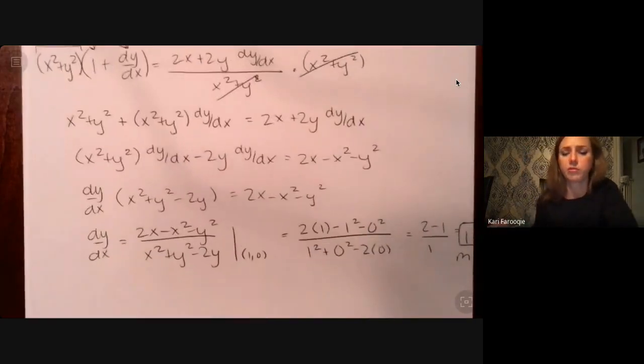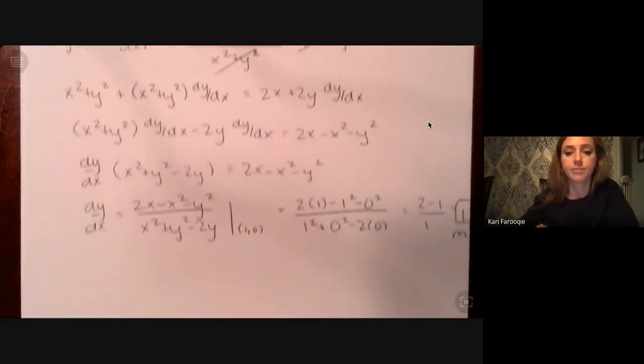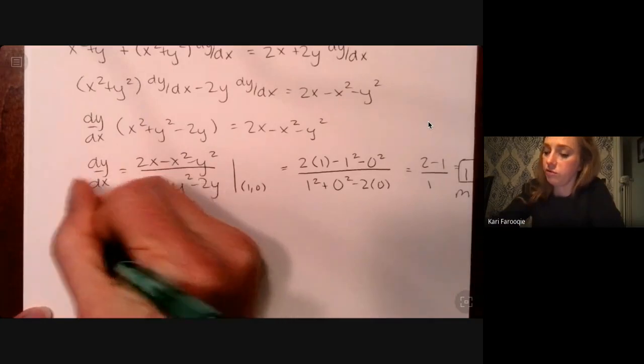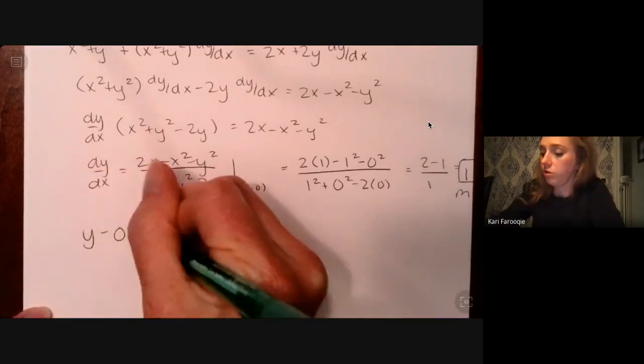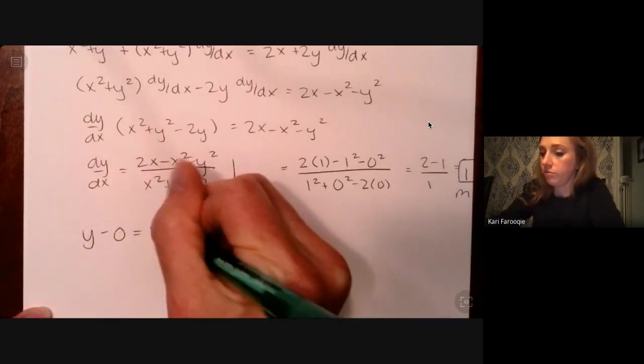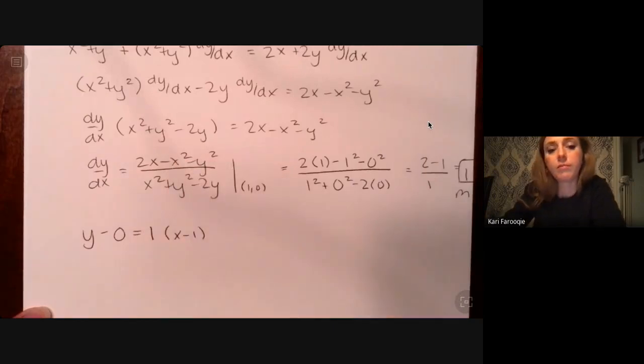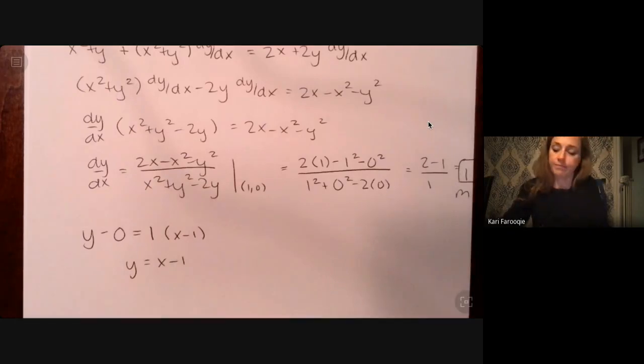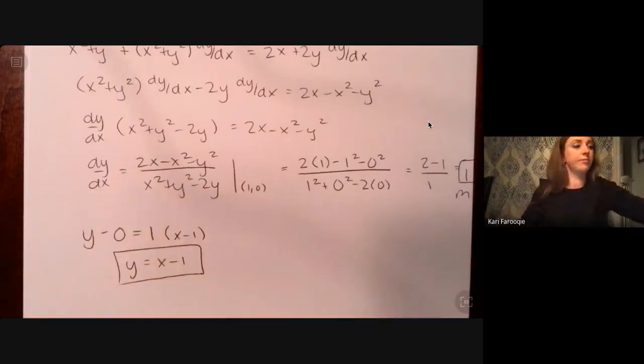Just try to put a box around it. And then we'll find the equation of the tangent line. y minus y sub 1 is m times x minus x sub 1. So y equals x minus 1. Done.